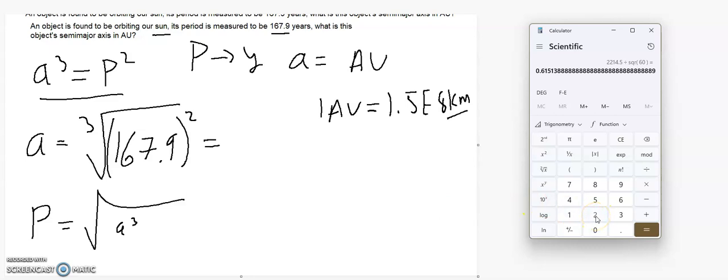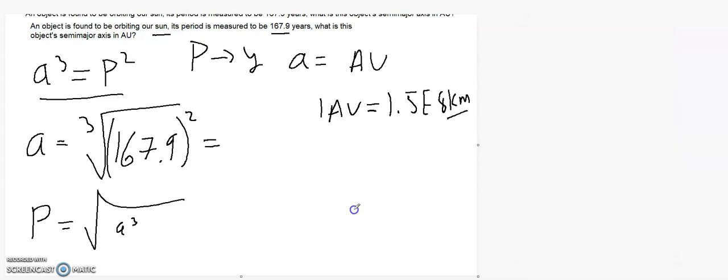If I take 2 raised to the 3rd power, that of course is 8. This is just an example before we do this problem. The cube root of 8 is also known as 8 to the 1/3 power.